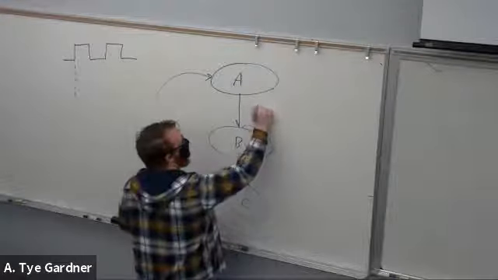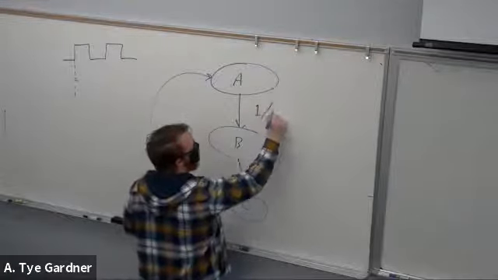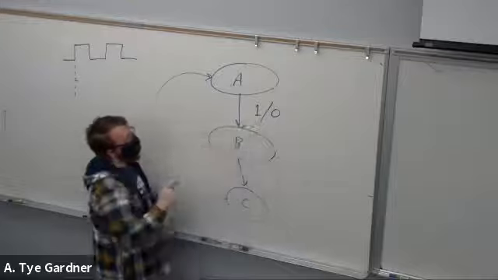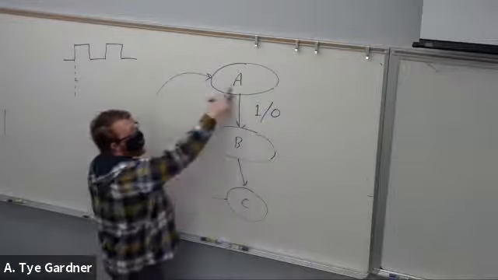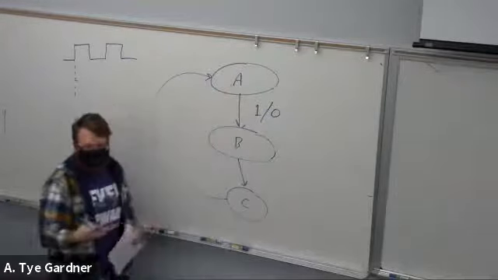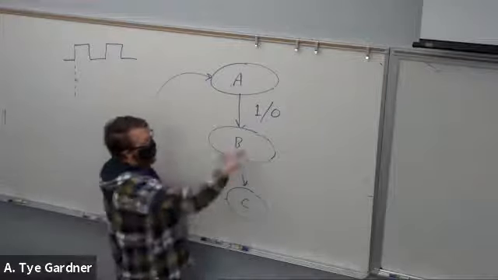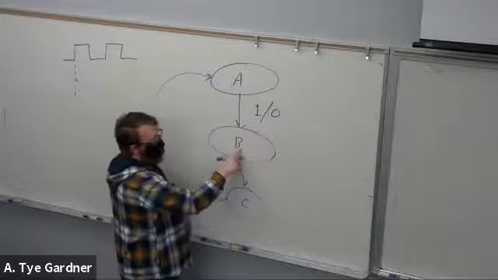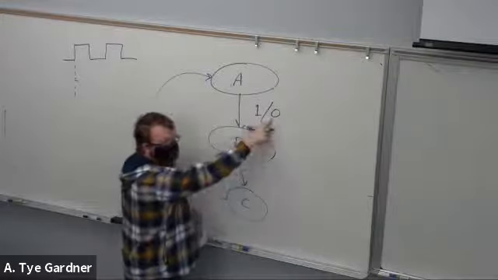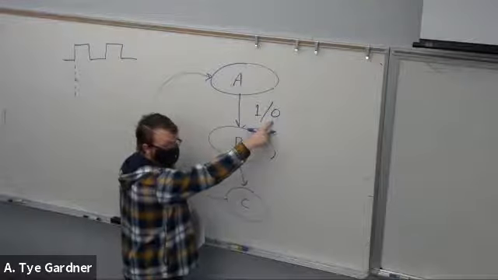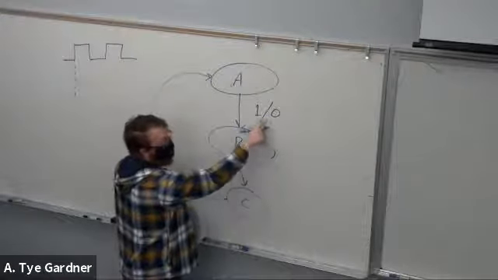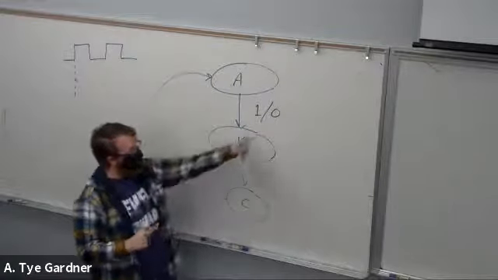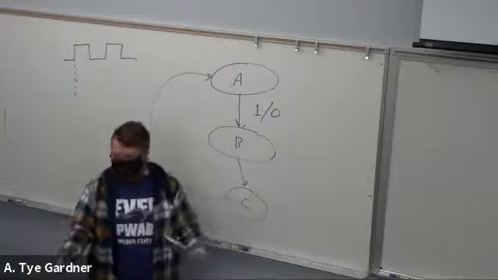So the way we write this, again, is similar to what I started alluding to. If I'm in state A and a rising edge of the clock happens, if my input is 1, then I'm going to move to state B, but my output's going to be 0. So input, output. A 1 says I move, a 0 is the output, don't assert the output.